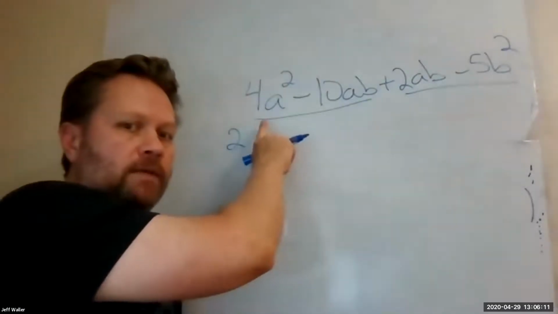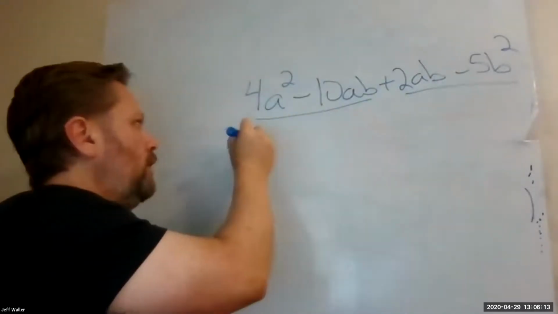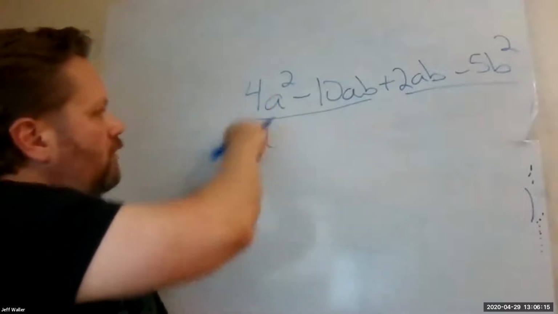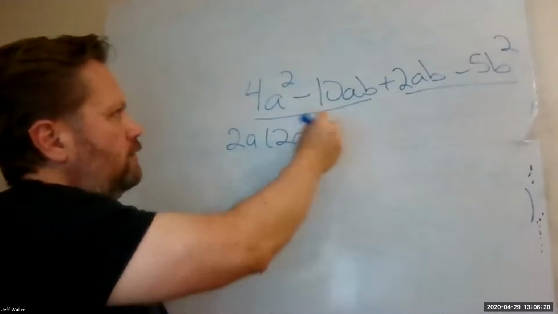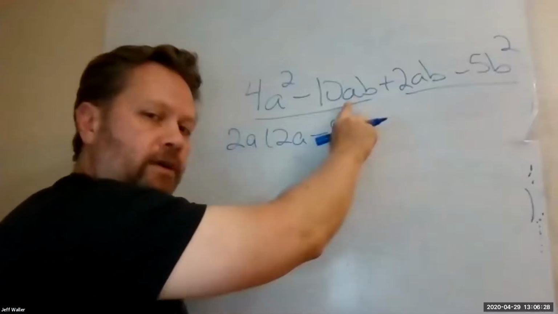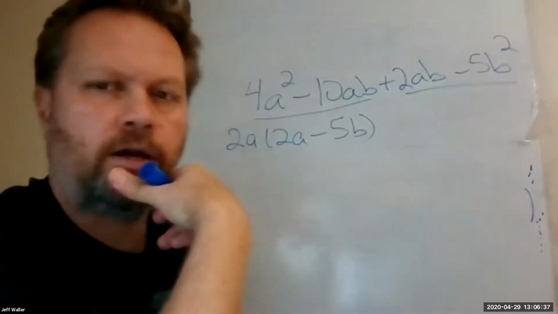He's got no B's, he's only got 1A. So 1A comes out. 4 divided by 2 is 2. I had 2 A's, I took 1, I got 1 left. 10 divided by 2 is 5. And the A is gone, so it's only B, right, because it took the A out.